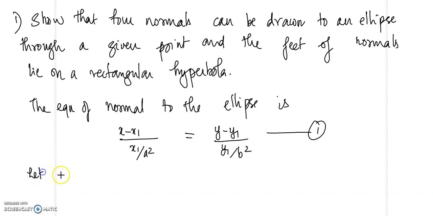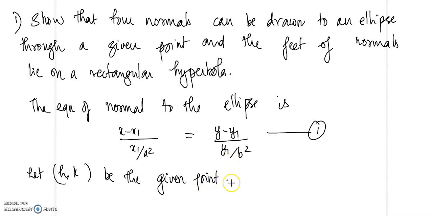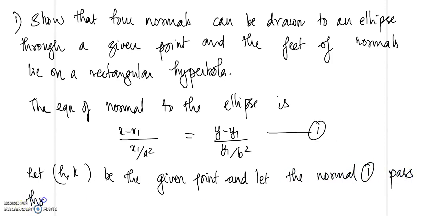Now let (h, k) be the given point, and let the normal pass through the point (h, k).